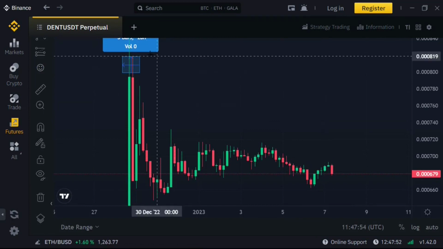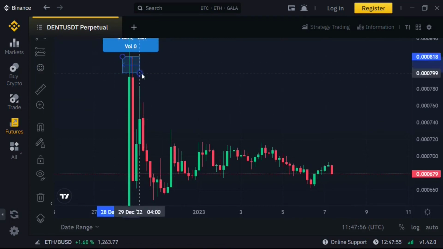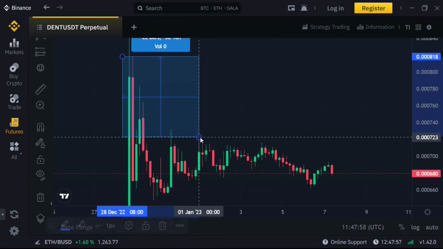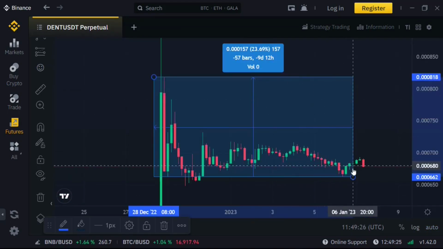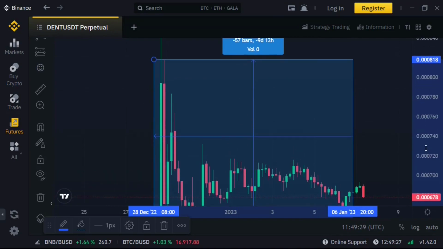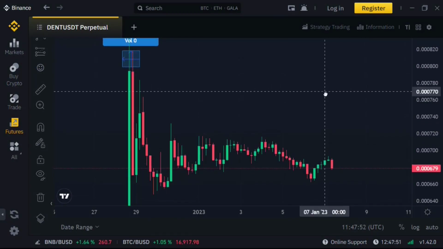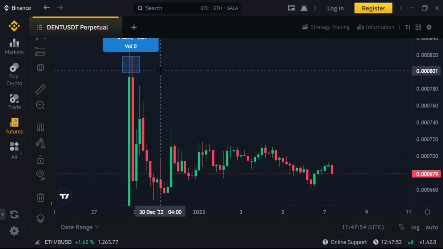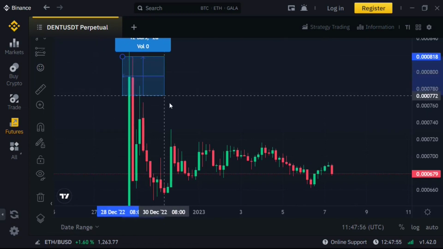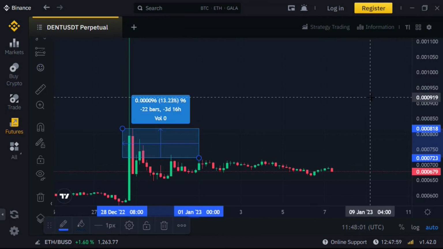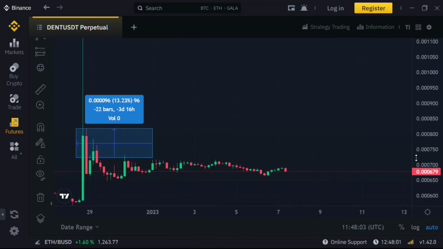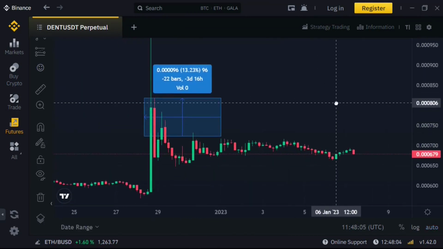And the most current bearish transaction of the DENT USDT cryptocurrency pair started from the highest price of this red candlestick bearish trend starter. And to identify the highest price of this red candlestick bearish trend starter, you have to zoom out on the candlestick price chart data a couple of times in order to get the exact price of the highest price of the red candlestick bearish trend starter.